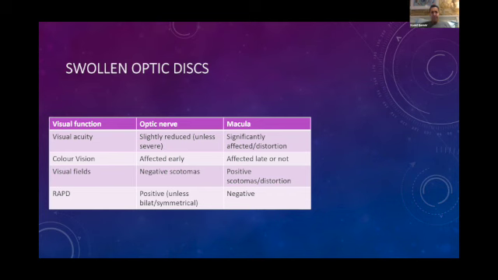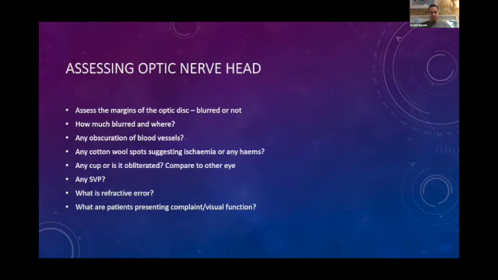And an afferent pupillary defect is positive in a swollen optic disc, but negative in a macula. The only contradiction to that is if the patient has bilateral symmetrical disease.